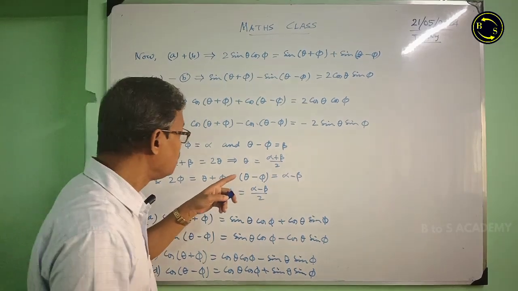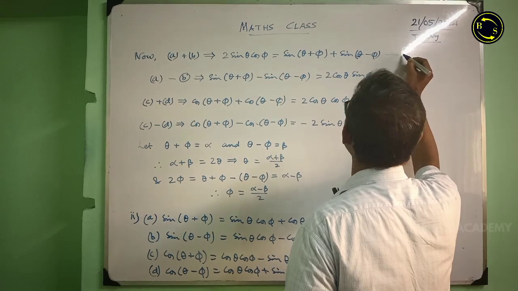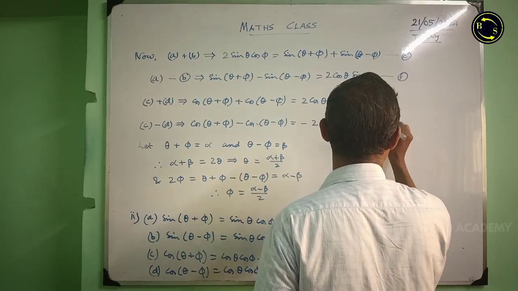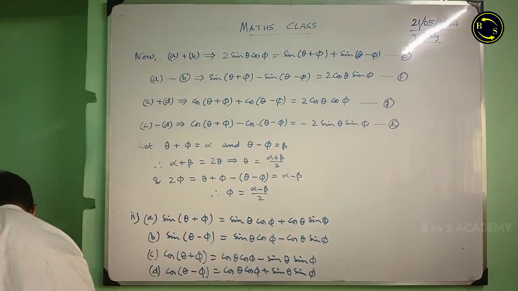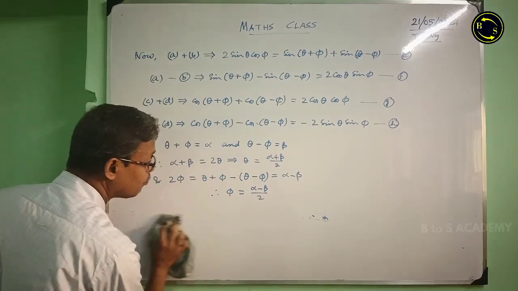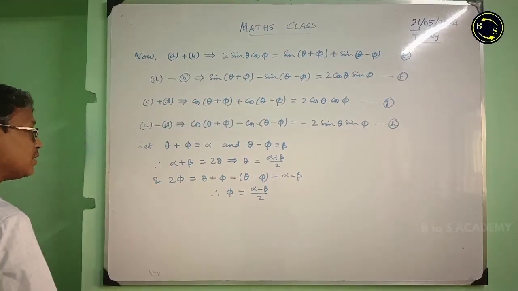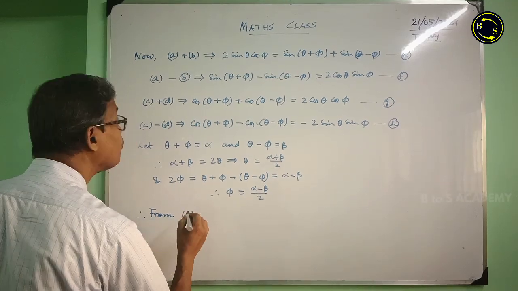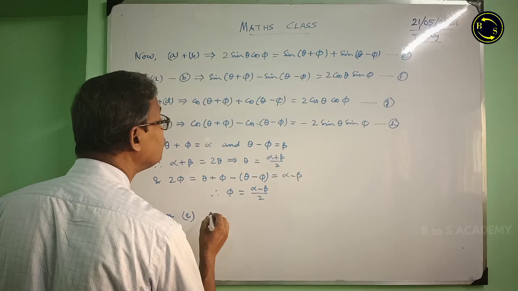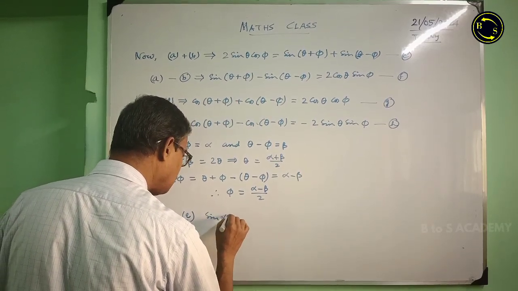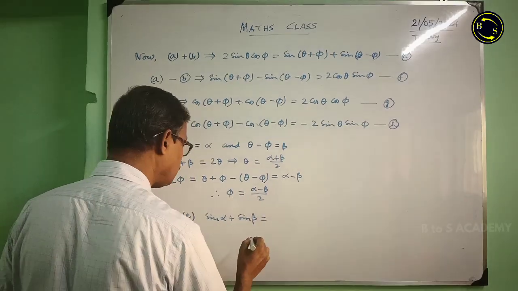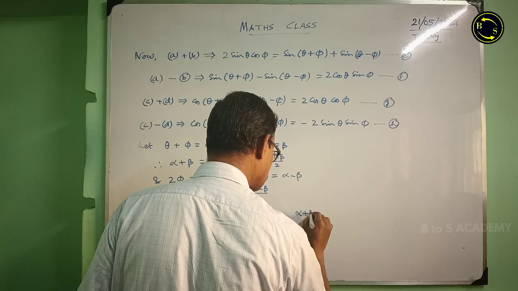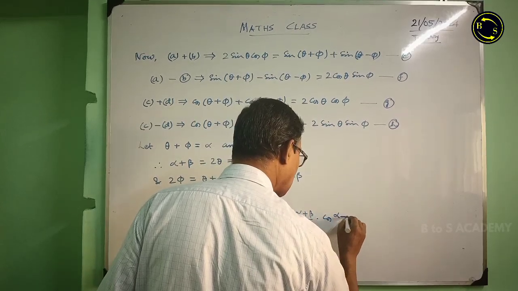Now, if we put these values of theta and phi, we call these E, F, G and H. Now, putting these values in E, F, G, H, we shall get, therefore, from E, sin alpha plus sin beta is equal to 2 sin alpha plus beta by 2 into cos of alpha minus beta by 2.